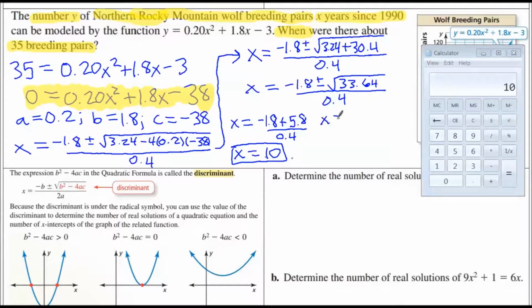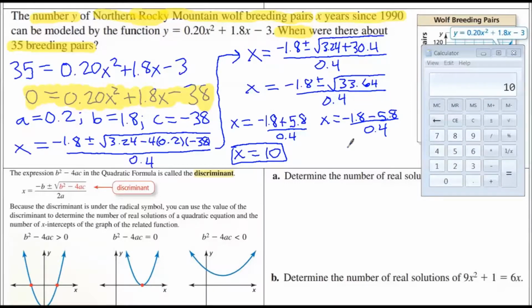X equals -1 and 8/10 minus, but we already did the square root of this, 33.64. It's 5.8, all over 0 and 4/10. This time, in the numerator, I'm going left 1 and 8/10 from 0, and then left further 5 and 8/10.